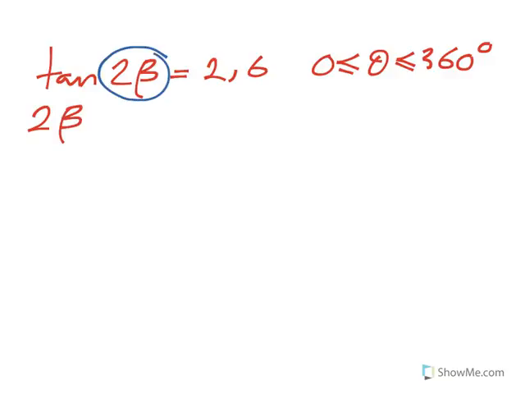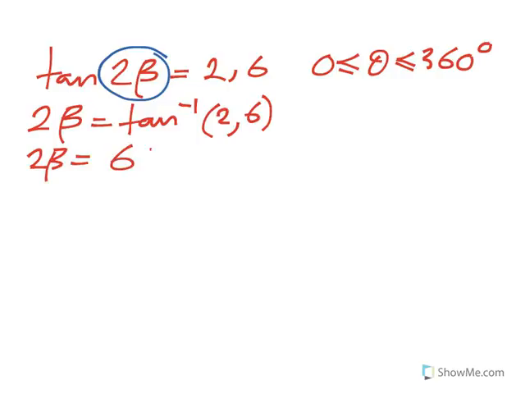Last time it was a bracket, but now we just say 2 beta is equal to arctan 2.6, and you're going to get an angle of 68.96 degrees.